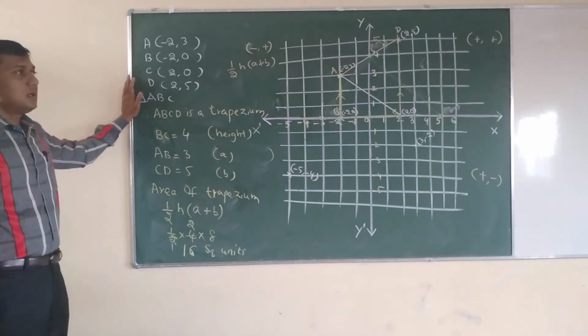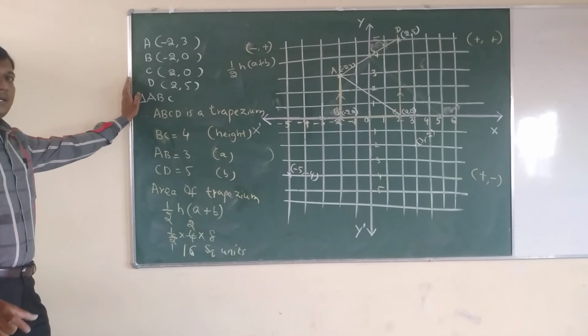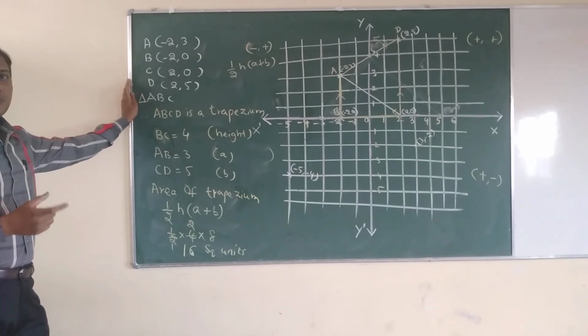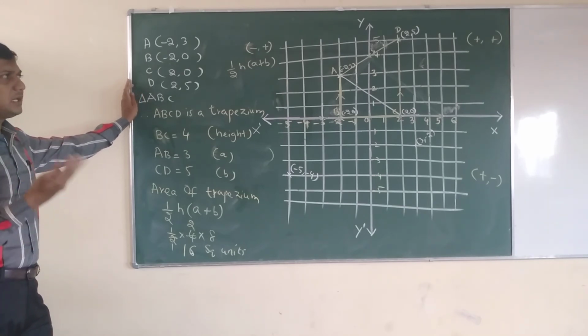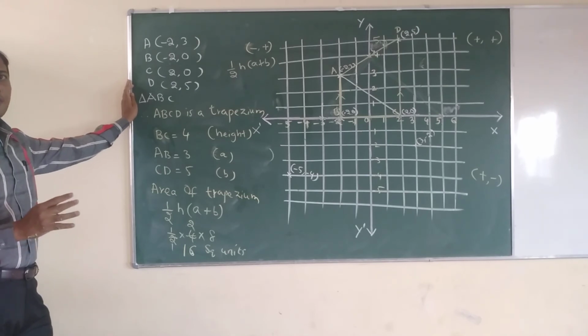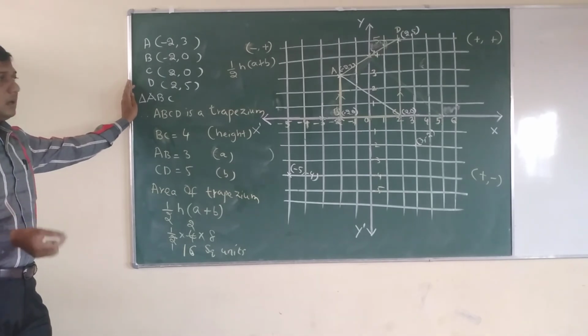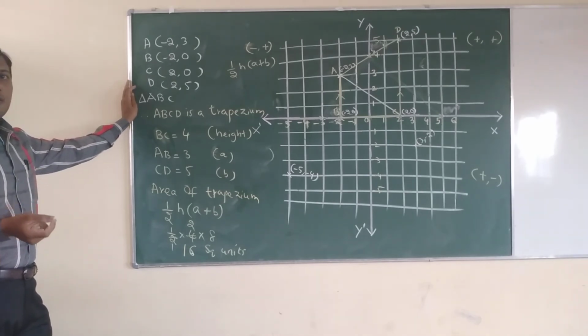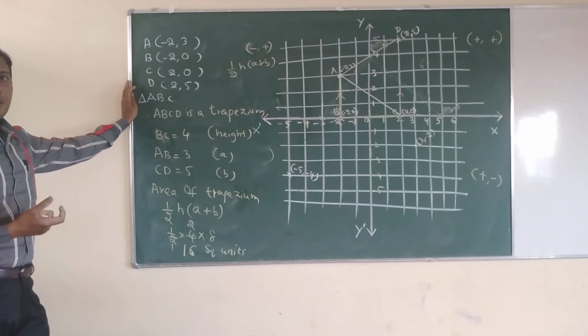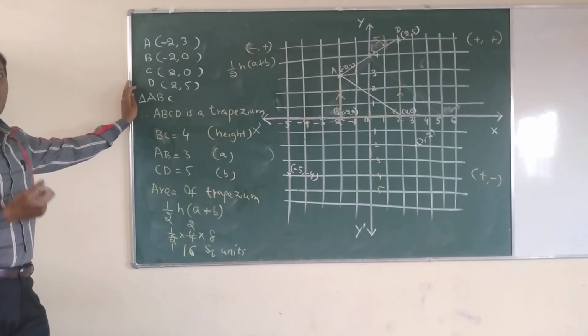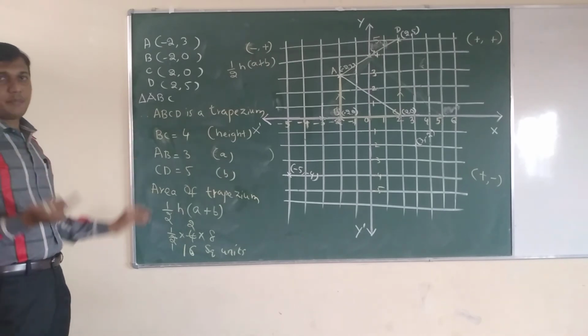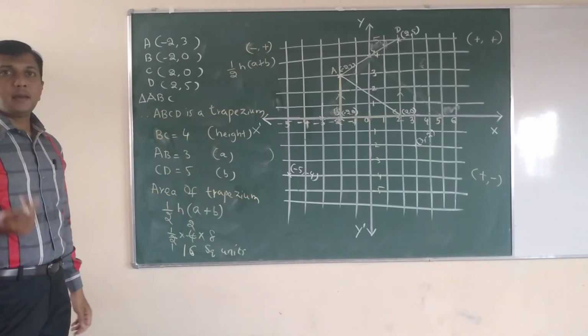So like this, you will be getting the points to be plotted on the graph sheet. Any type of geometrical shape you will get after joining them, and also you have to calculate the area of that particular shape. It can be a triangle, trapezium, rectangle, or parallelogram.